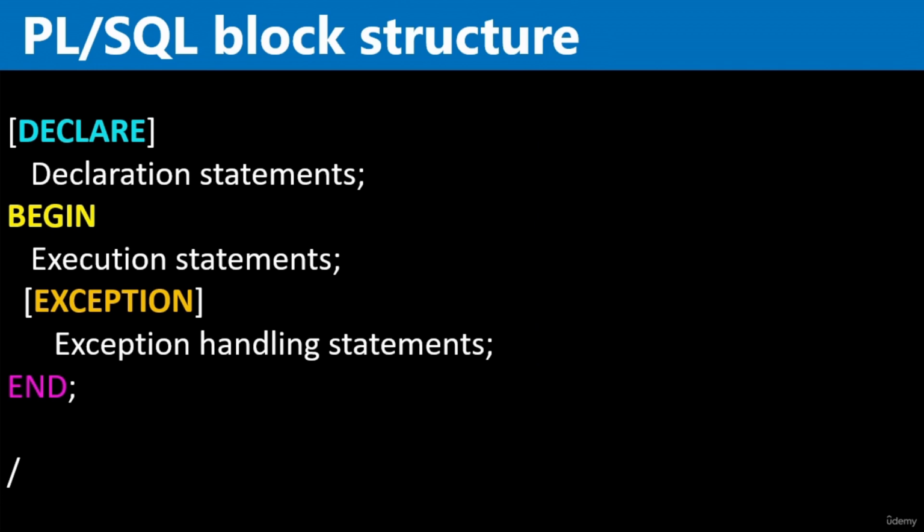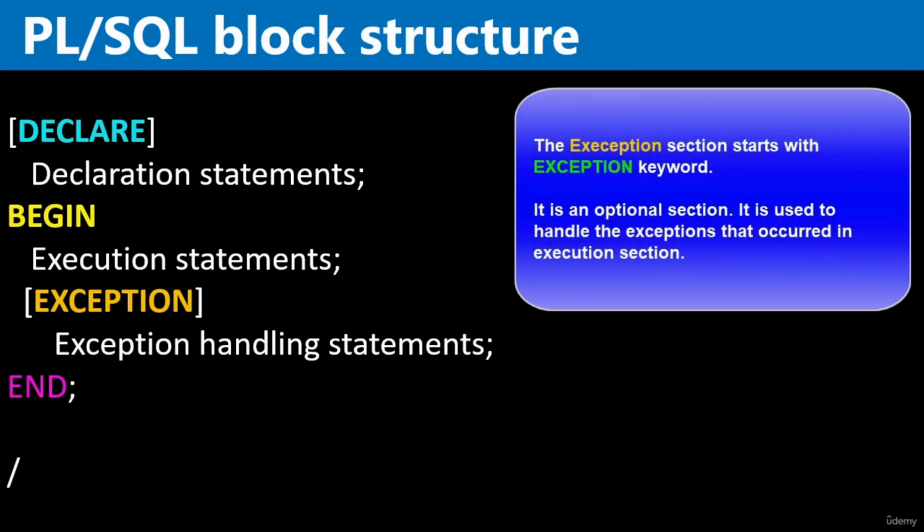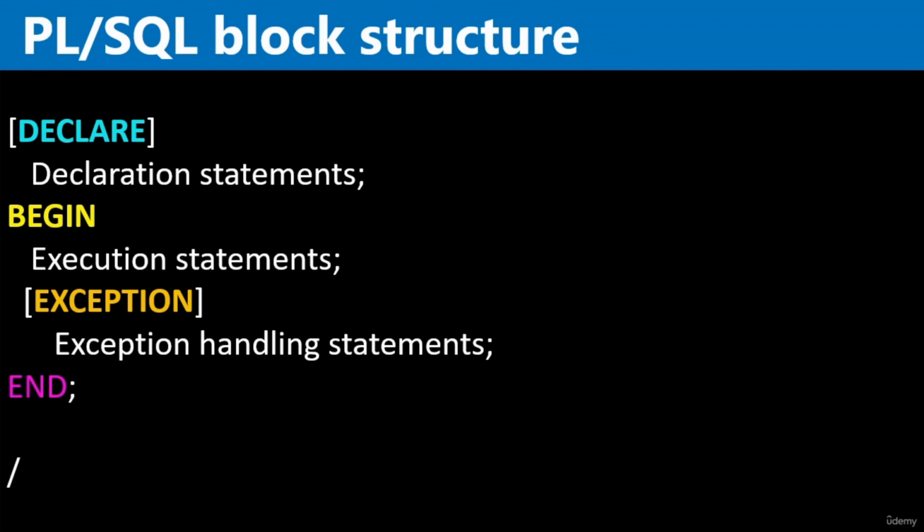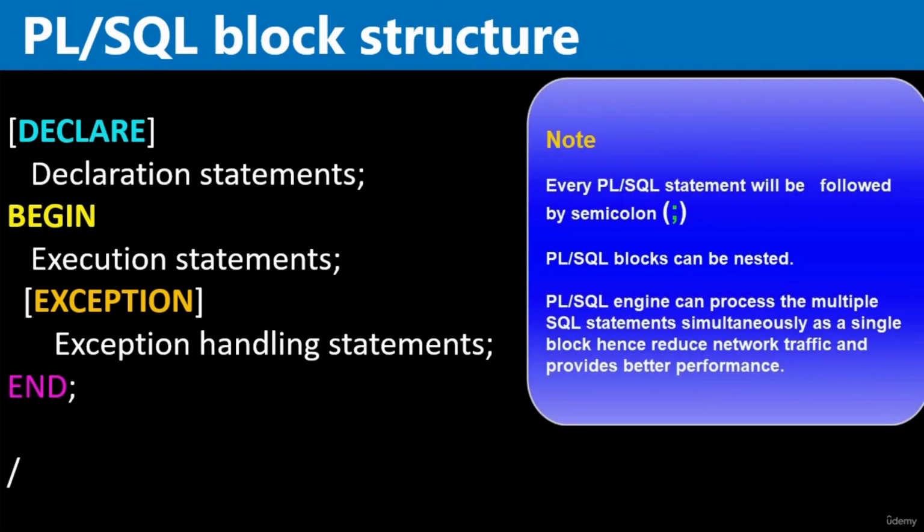We have the exception section, which starts with the keyword EXCEPTION. This section is an optional section. It is used to handle the exceptions that occur during the execution section. Every PL/SQL statement is followed by a semicolon.